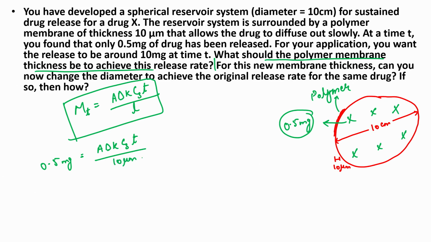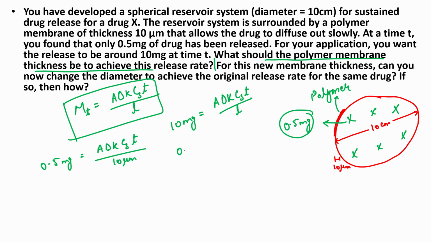Now we are saying what should this thickness be, so that this value becomes 10 milligram instead of 0.5 milligram. These values for the same device will remain the same including the time, since we are saying at the same time, but what will change is this value, which we say is L, the new thickness. So, what we can do simply is just divide these two equations.